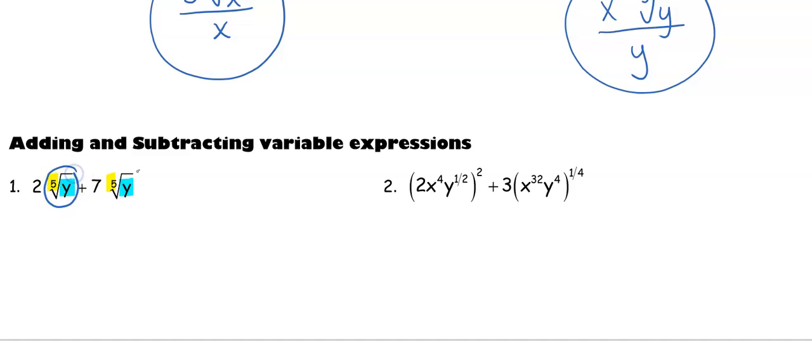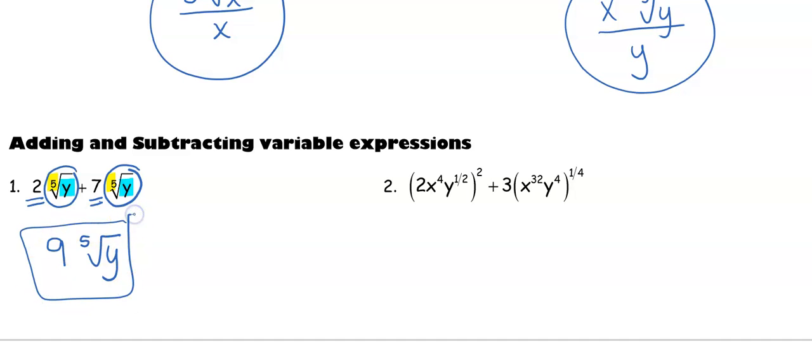I have the 5th root of y, I have the 5th root of y. If I'm adding these pieces together, I have 2 of them here and I have 7 of them here. I'm combining my like terms, so 2 plus 7 is going to give us 9 of those 5th roots of y. Think about it. If I had 2x and 7x, that would become 9x. You don't change what you're adding together, you're just changing the how many.